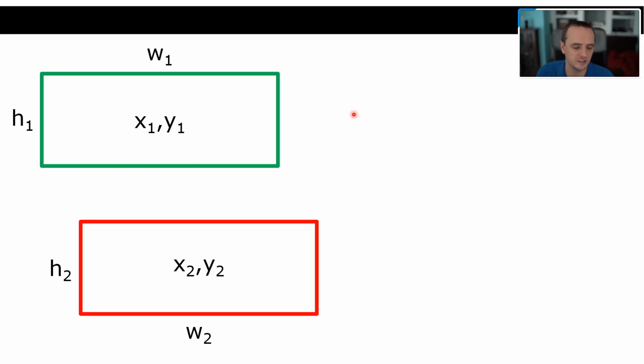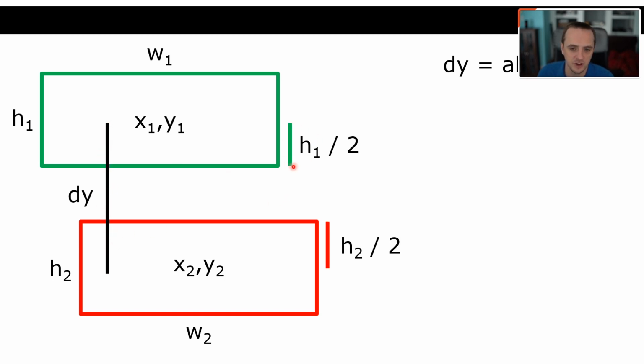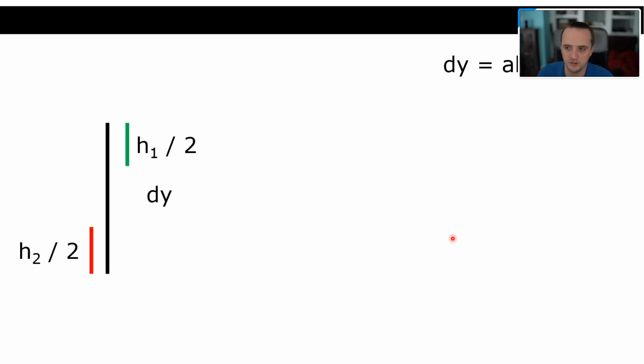And now we do the exact same thing, but with the y direction instead of the x direction. So the difference in the y's is the absolute value of y2 minus y1, so that gives us the y direction difference. And now we take the height difference, okay? So we're going to take h1 over 2 and h2 over 2, and we'll do the same thing.